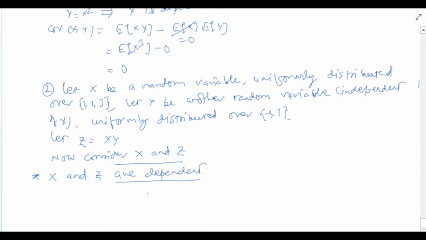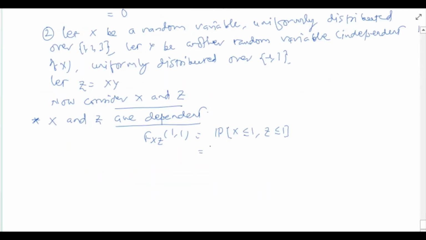Towards this, let us consider the joint distribution of X and Z evaluated at 1, 1. So F_XZ(1, 1), from definition, is the probability that X less than or equal to 1, comma Z less than or equal to 1. This is equivalent to the probability that X less than or equal to 1, XY less than or equal to 1, which in turn is equal to the probability that X is less than or equal to 1.